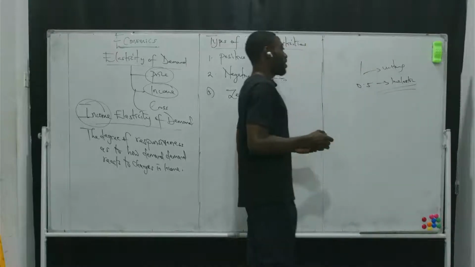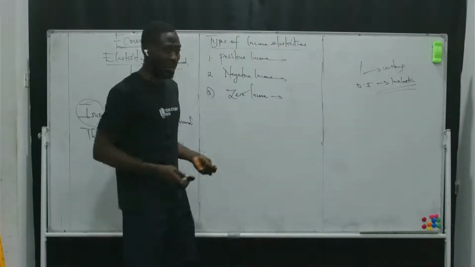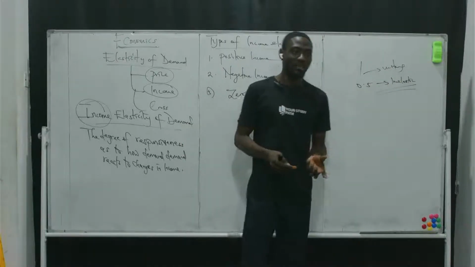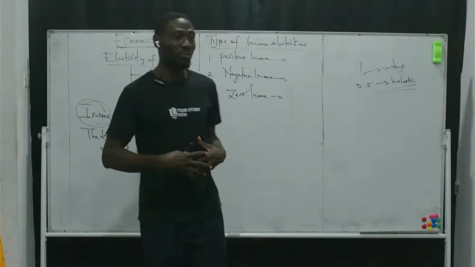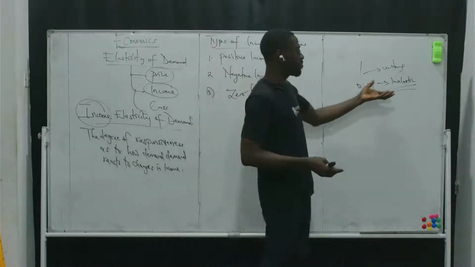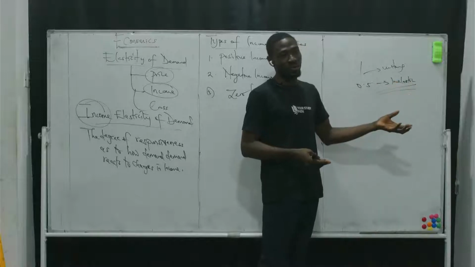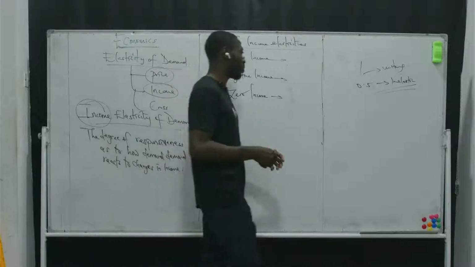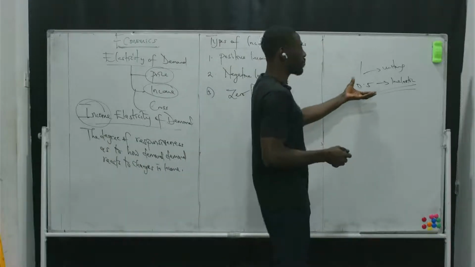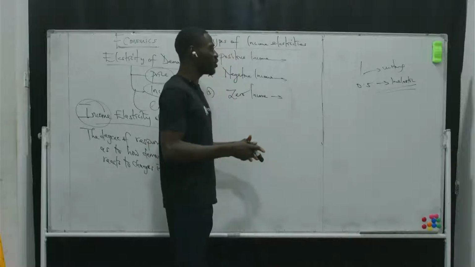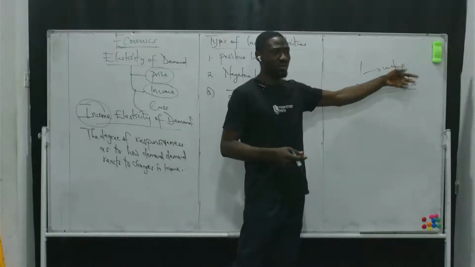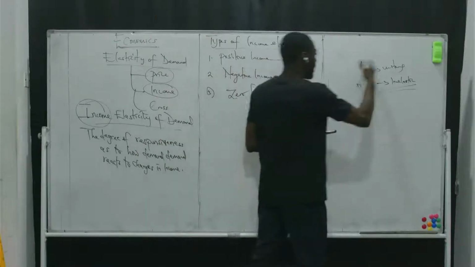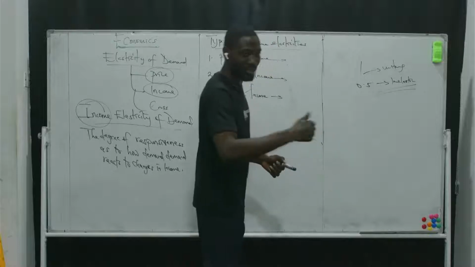Now, I gave an example that if a commodity has an inelastic demand, that means the commodity is more like a necessity good, goods that you cannot do without. They are very, very important goods. But for price elasticity, we don't really need to know the kind or the type of goods. All we need to know is elastic, inelastic, unitary, or whatever.